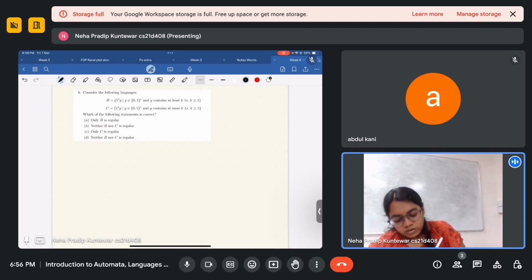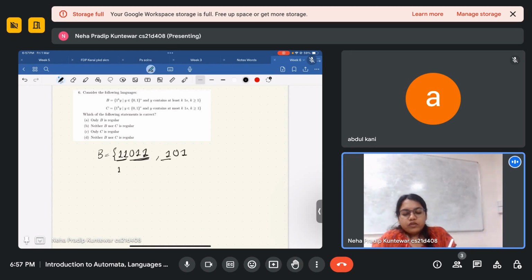So B somewhat looks like, let's say 1 1, then you can have a string like 0 0 0 1 1, where this is a block of ones, and the following block has at least 2 ones. Then you can have 1 followed by 0 1, where you have a block of 1 followed by y which has at least 1 one, and so on.